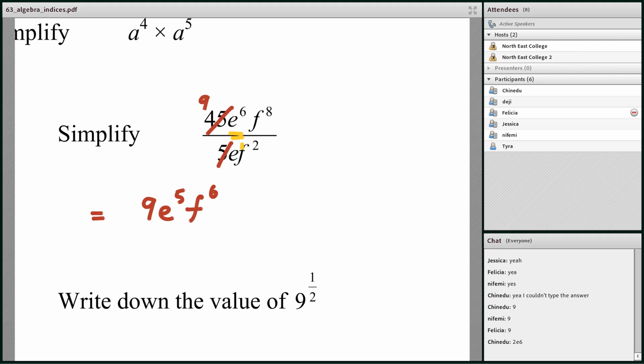The next thing you can do, like Sinead said, is collect the similar terms together.